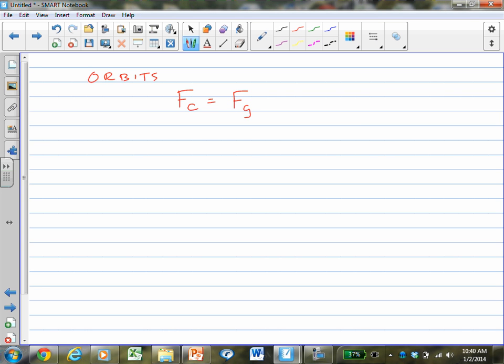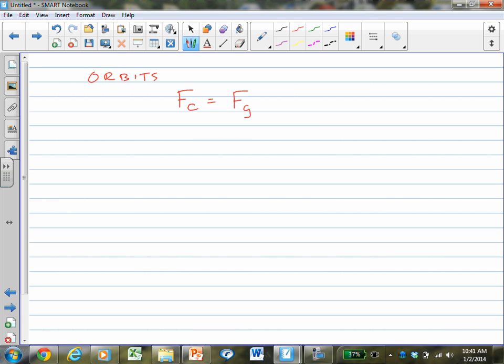Now, from this, all objects in the same orbital path must have the same speed and period. So any satellite or space station or whatever it is that's going around Earth at a certain altitude in the same orbital path will have the same speed and period as others in that path.